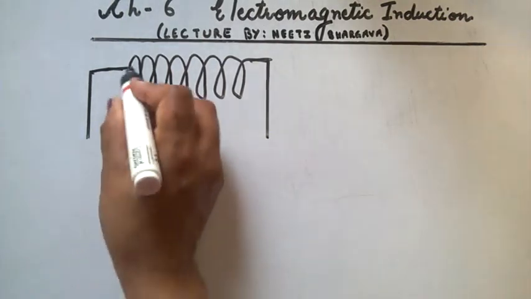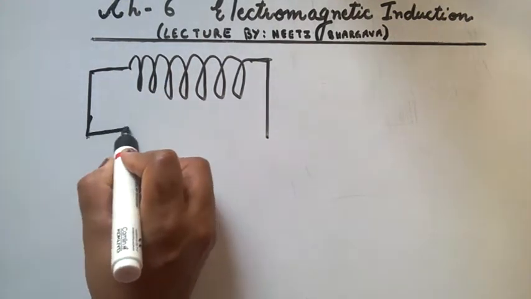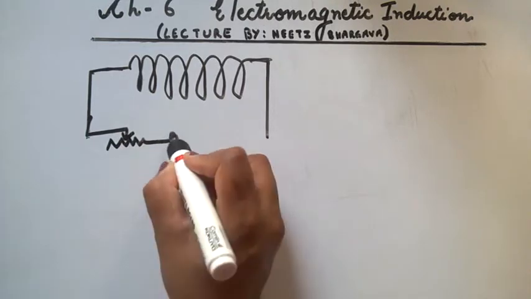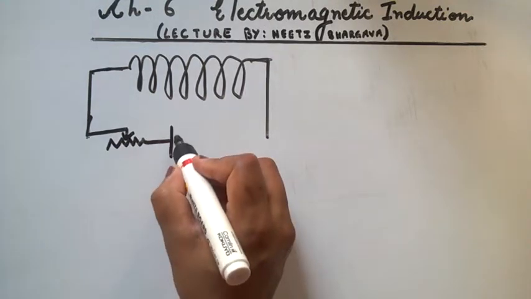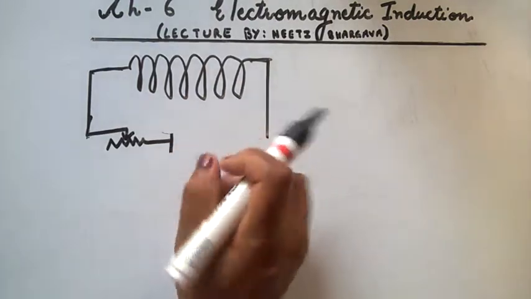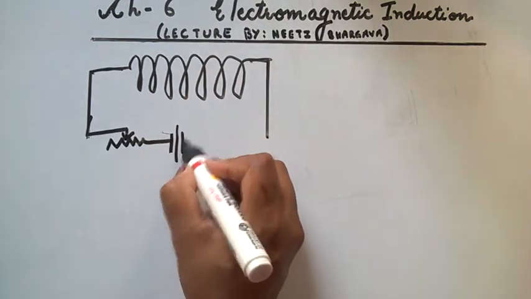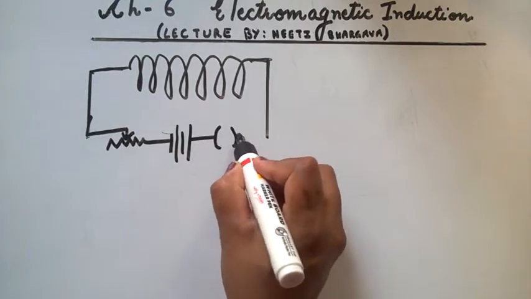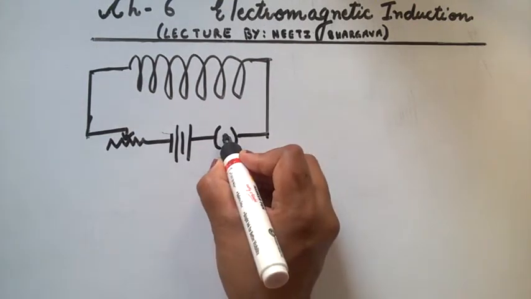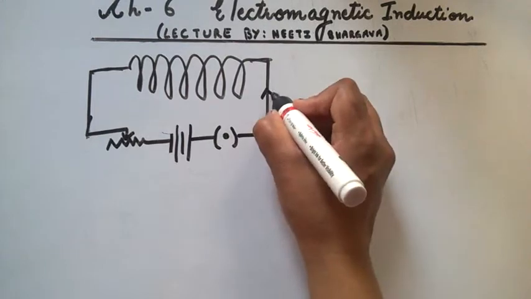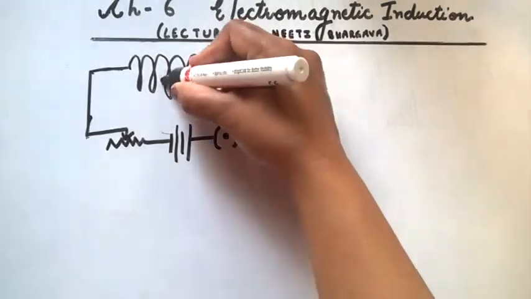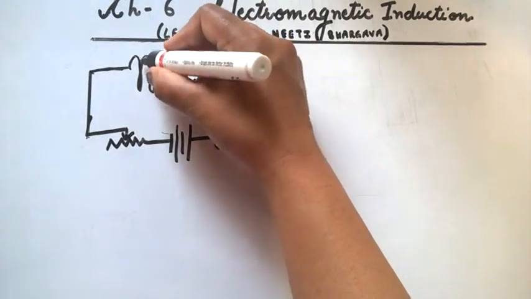The end of the solenoid is connected with a variable resistor known as a rheostat, then with a key and a battery. When the key is on, the current will pass through the coil, and when the current passes through the coil, a magnetic field is produced within the coil.